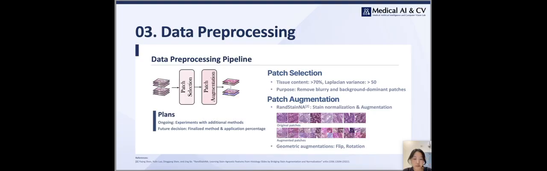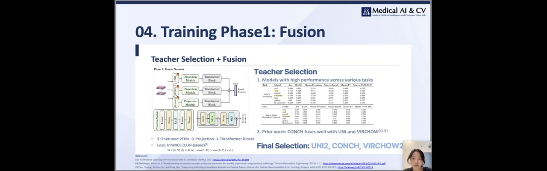We are also experimenting with augmentation methods that are widely used in natural image datasets, such as flip and rotation. With further experiments with more normalization and augmentation methods, we will decide the finalized method and the percentage of the data to apply it to.